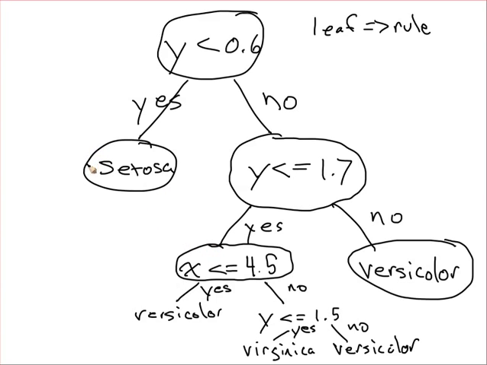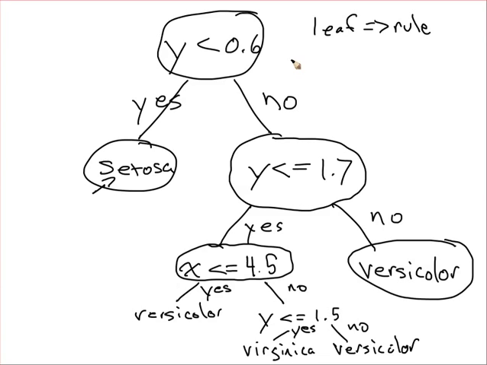And so what we can do is we can look right here. For instance, we see that setosa happens whenever our y value happens to be less than 0.6. There we have a leaf, and the way we find the rule for it is we have to figure out the path from the root of the tree to the leaf. In this case, it was just that y is less than 0.6.